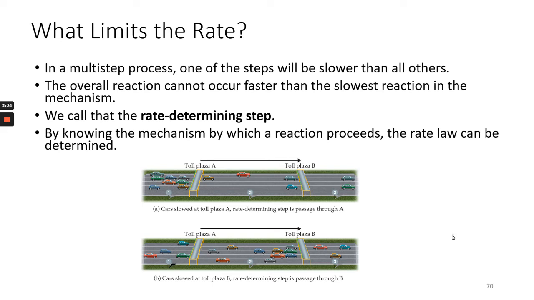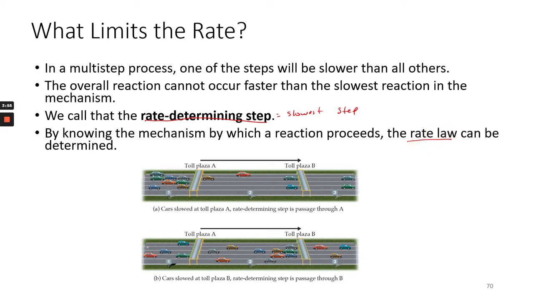Because we have multiple steps, all of these steps are not occurring at the same speed. Some steps might be slower than others, some might be faster. So the rate determining step is your slowest step. If you know the mechanism by which the reaction proceeds, and you know the speeds of these steps, you can actually determine the rate law from your chemical reactions.